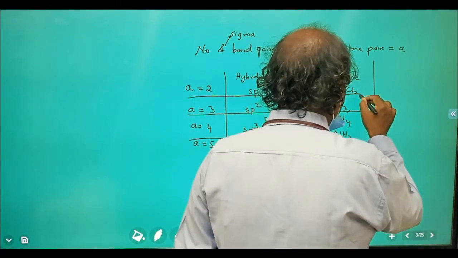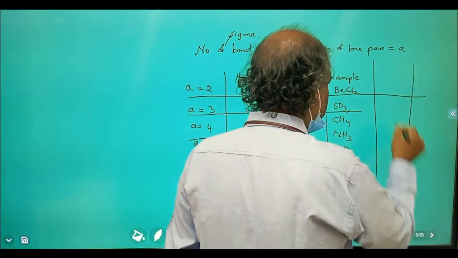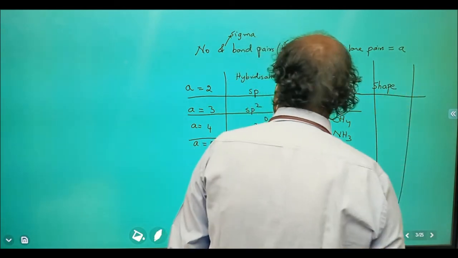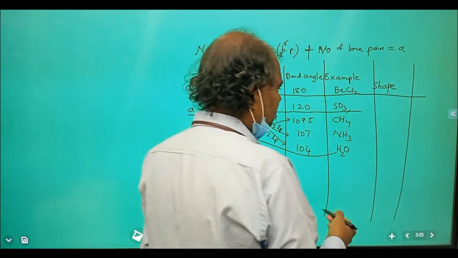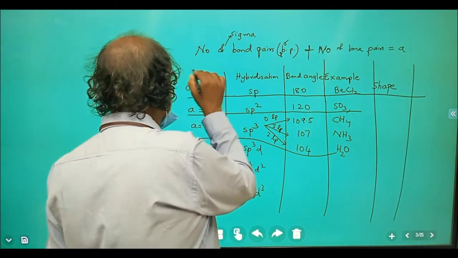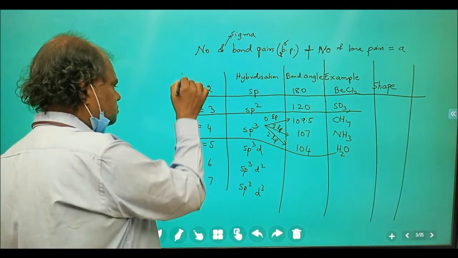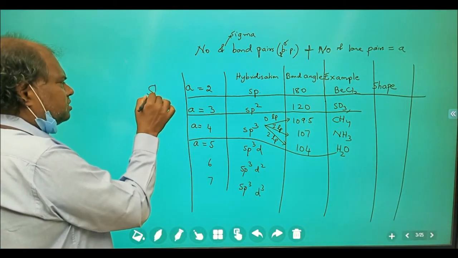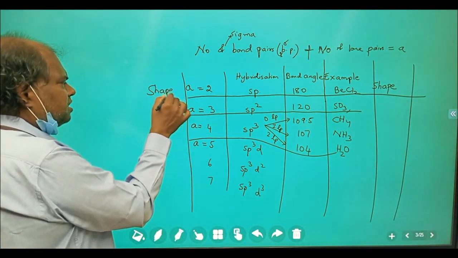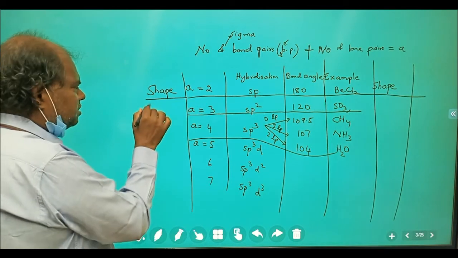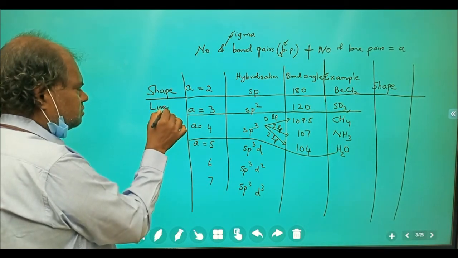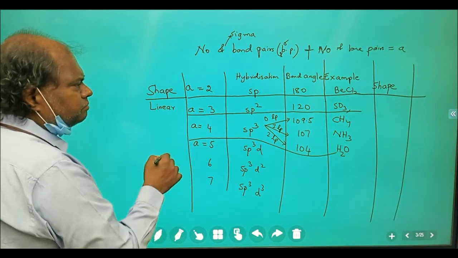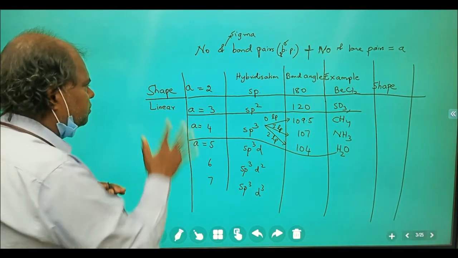And the next thing you should know is the shape also. I'll draw the shape here because there is more space, right? For 180, what is it? Linear.